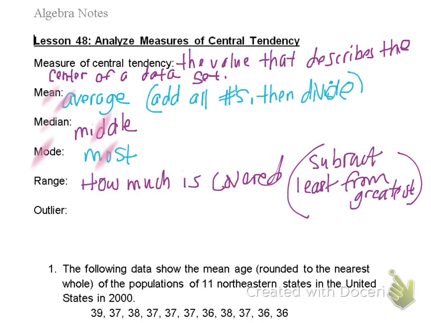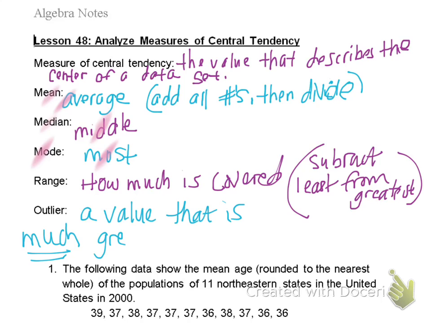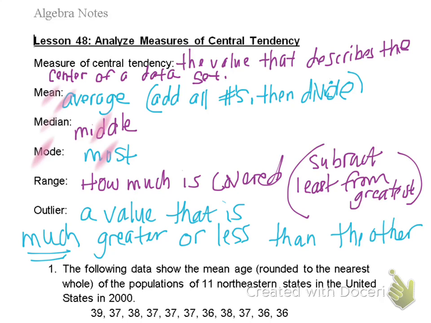Okay, and then the outlier is a value that is much, I'm going to underline much, greater or less than the other values in the set.